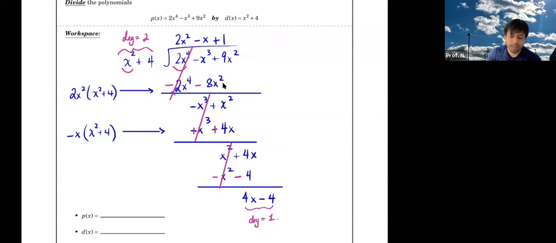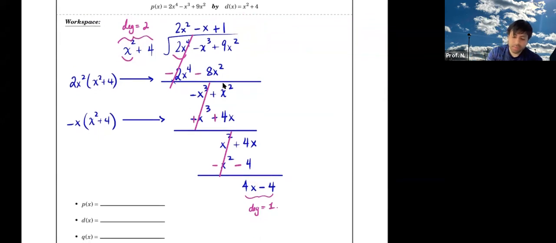I cannot find a polynomial term that would multiply x squared to give me 4x. The only way that's possible is if I multiply by a 1 over x to lower the degree, right? To lower the x squared into x. But if I have a 1 over x, this is not even a polynomial, as we discussed last time. So we can't even do that.